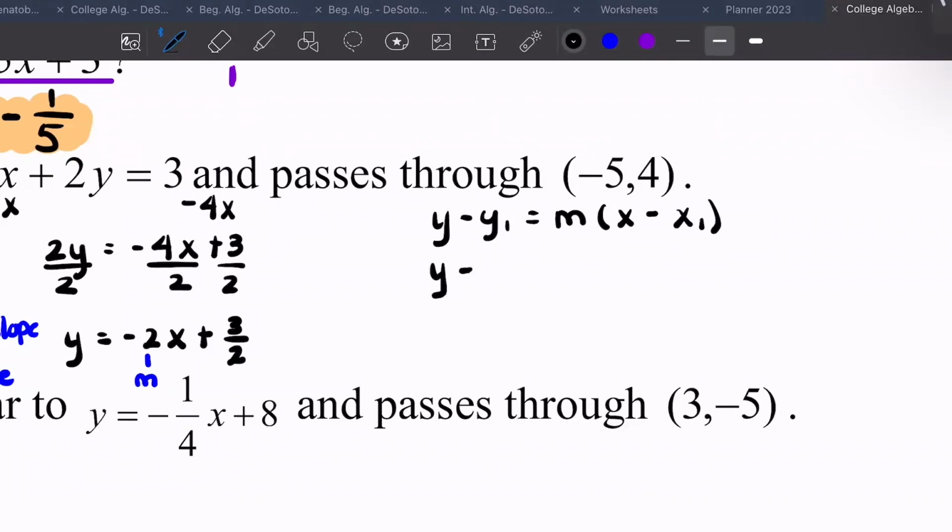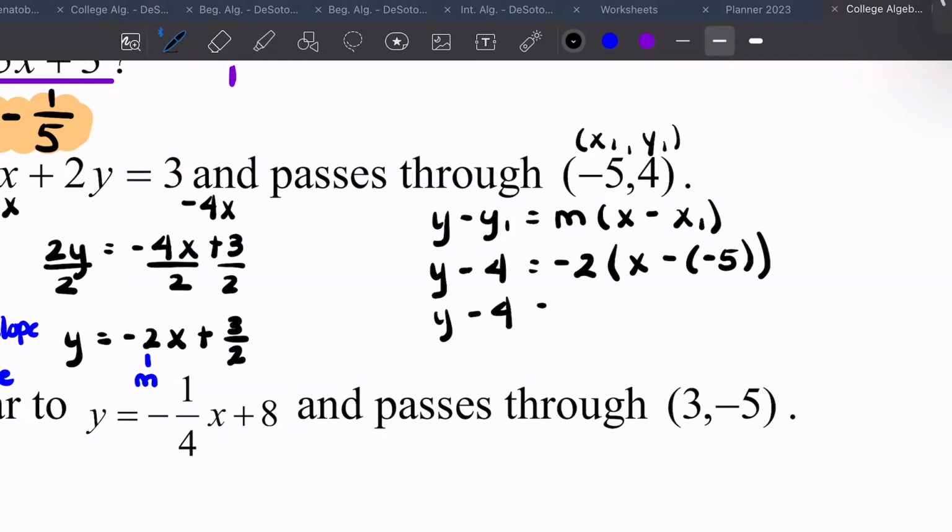Y minus y1, here's x1, y1. Y minus 4 equals negative 2 is my slope. X minus x1. So y minus 4 equals negative 2 times x plus 5.